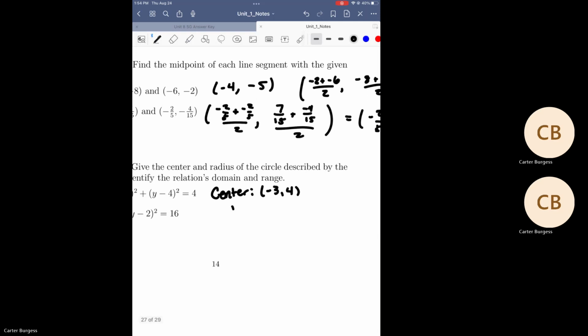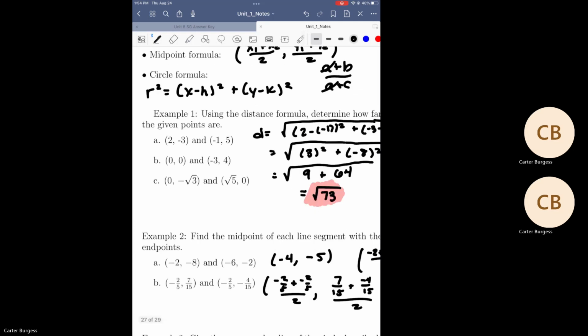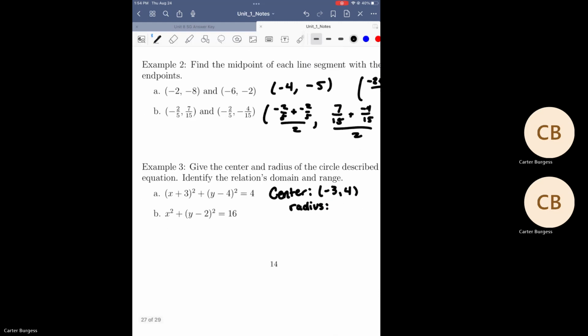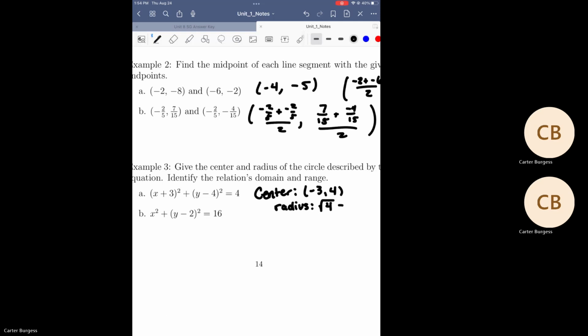What is our radius? 4 is related to our radius. What is 4? It's the radius squared, and so our radius is going to be 2. So we take the square root of 4, which gives us 2.